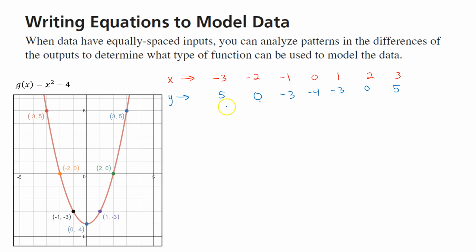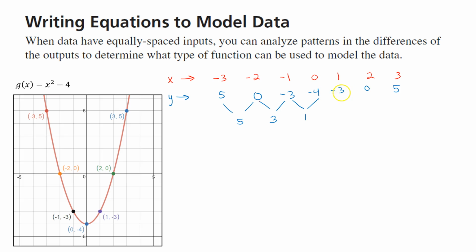And now let's check the first differences. 5 minus 0 is 5. 0 minus -3 turns into +3, so that's 3. -3 minus -4, that's +4, so that's 1.